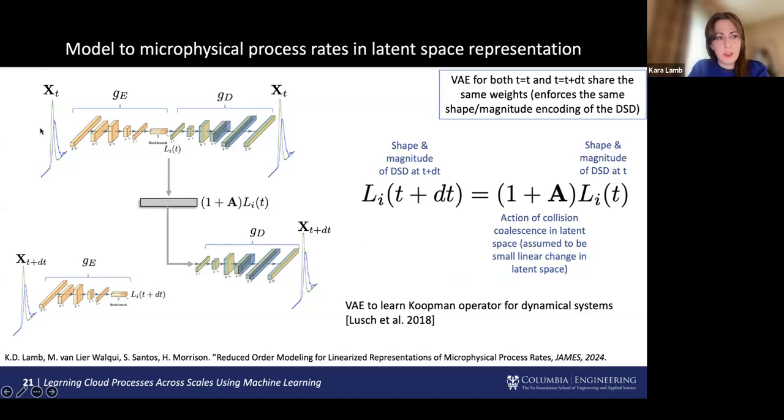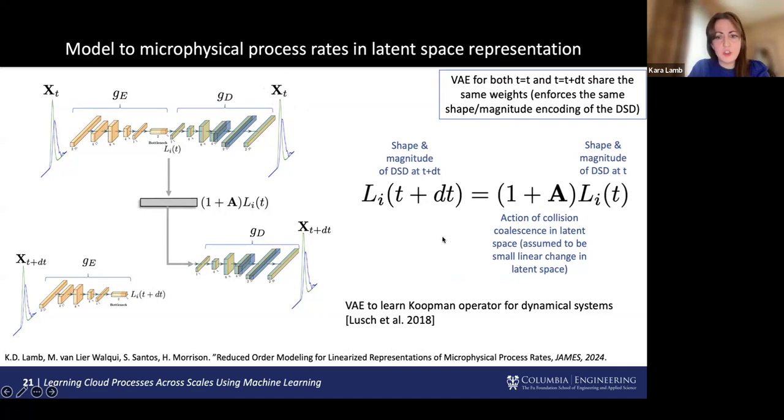So basically, to do this, I'm taking the droplet size distribution at the current time step, I'm learning a lower dimensional representation of that, and then I'm learning to reconstruct the droplet size distribution at the same time step. And then I'm going to take this latent space representation, which is describing the droplet size distribution, and apply within the latent space basically a linear operator.